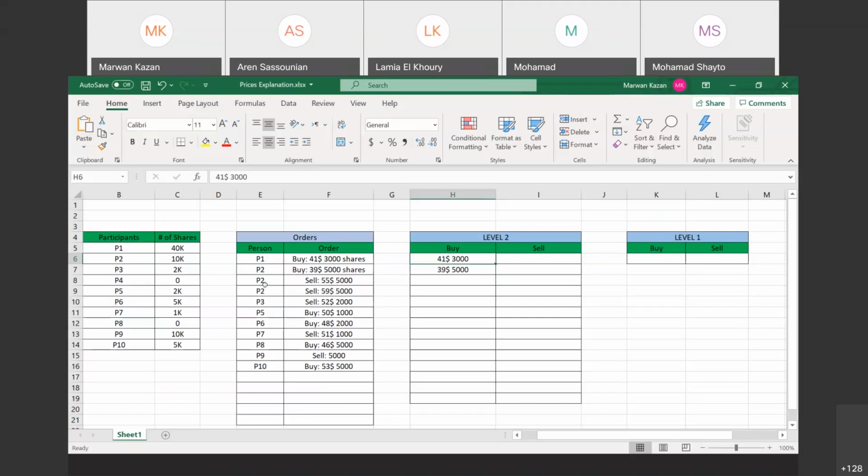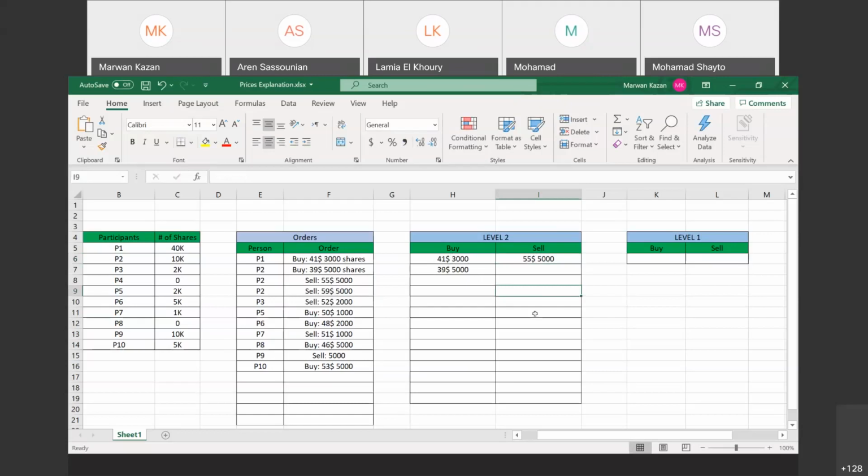Now let's continue. Person 2 also sent another order to sell at $55, 5,000 shares, and he sent another order to sell at $59, 5,000 shares. As we see here, the highest comes first in the buying table. Here, is it the same or different? Let's analyze it.